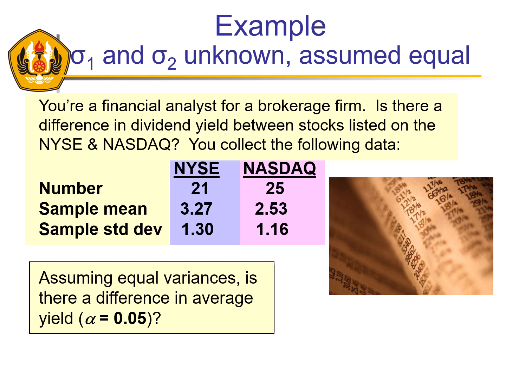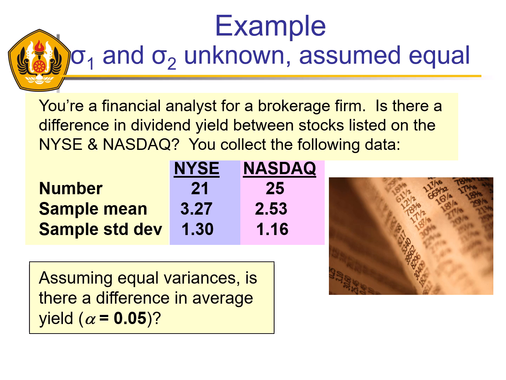So if we collect the data, NYSE has 21 as sample size 1. If we compute the data, we obtain a sample mean of 3.27 and the sample standard deviation is 1.30, while Nasdaq has 25 as sample size, and if the data is computed, it produces a mean of 2.53 and standard deviation of 1.16.